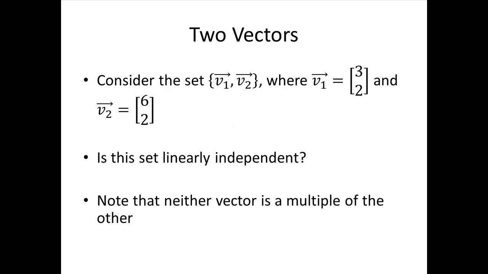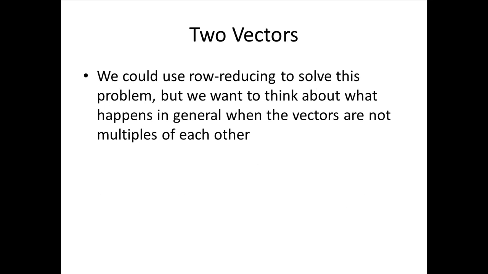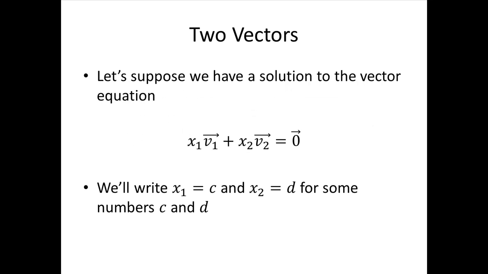Okay, so what happens if neither vector is a multiple of the other? So let's consider another specific example. This time v1 will be the vector (3, 2), and v2 will be the vector (6, 2). Is this set linearly independent? This time, notice that v1 is not a multiple of v2, nor is v2 a multiple of v1. We could use row reducing to solve this problem, but we really want to think about what happens in general when we have a set of two vectors where the vectors are not multiples of each other. So let's suppose we had a solution to this vector equation.